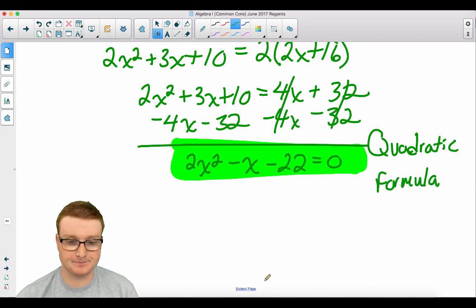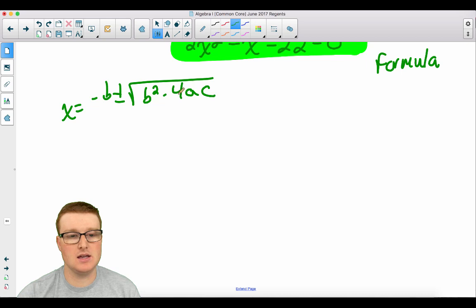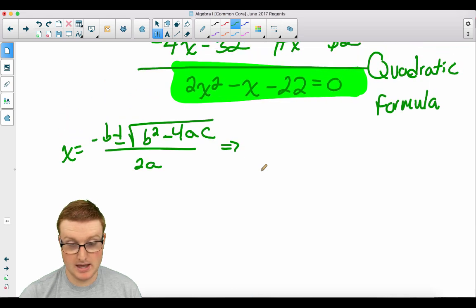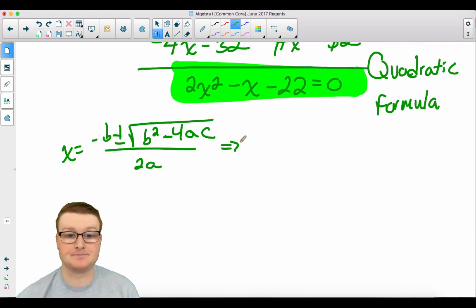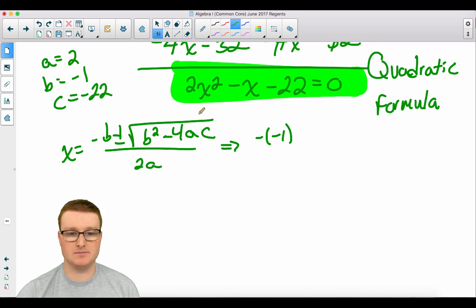Here we go. So we get x is equal to negative b plus minus the square root of b squared minus 4ac all over 2a. Plug in your information. So we get negative 1 because, okay, so your a in this is your 2, b is negative 1, c is negative 22. Just to let you know.